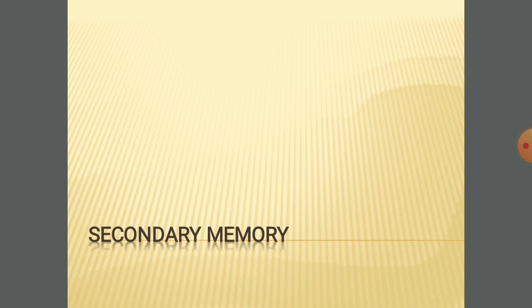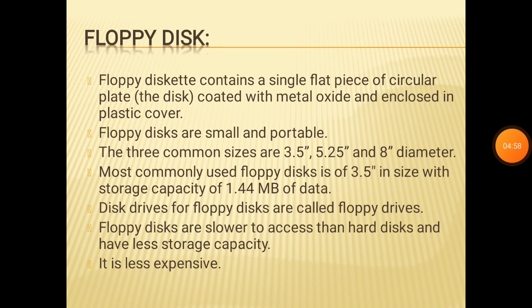Now in today's session we study some more secondary memory devices. We'll start with the floppy disk. The floppy disk is also called a floppy diskette, which contains a single flat circular plate.